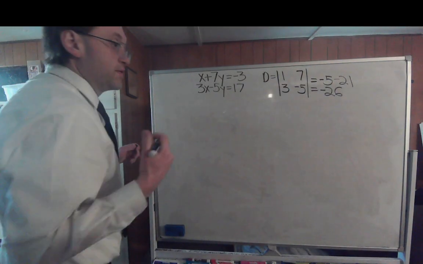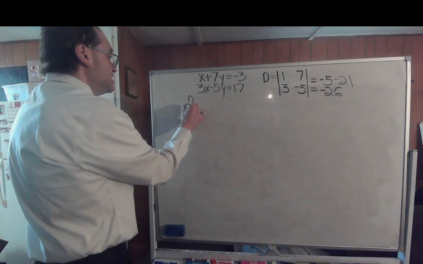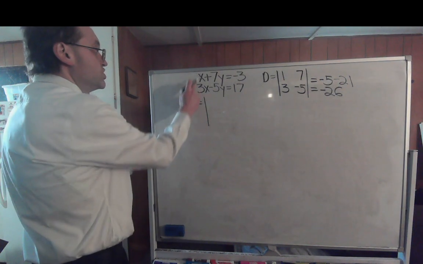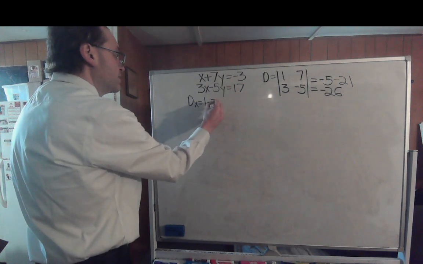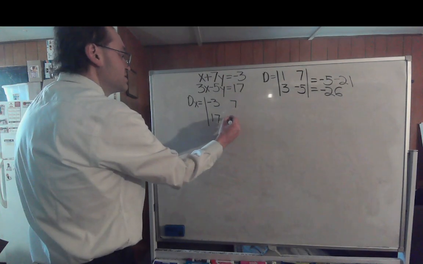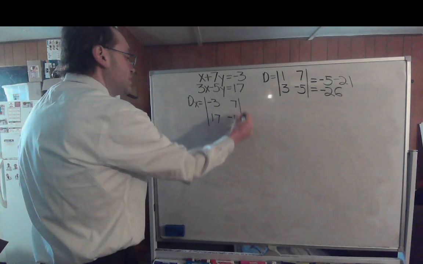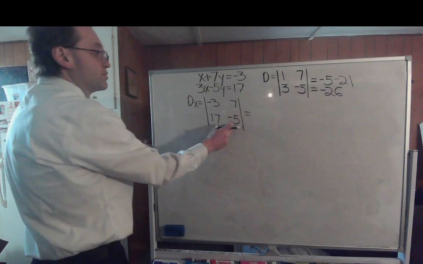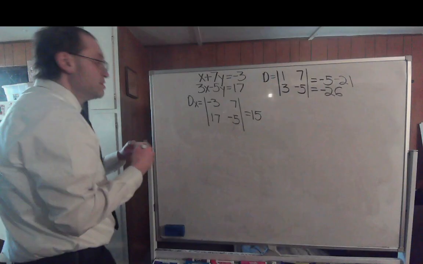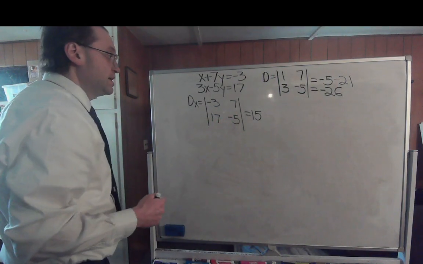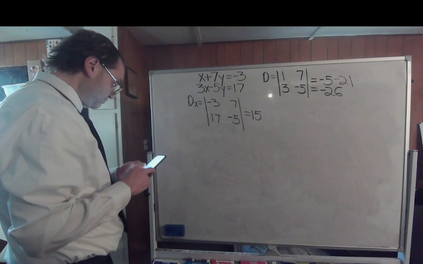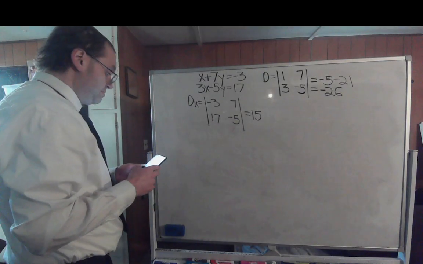Now in order to solve for x, we first need to find d sub x. So you're going to take your x coefficients, replace them with the -3 and 17, but keep your y coefficients the same, the 7 and the -5. Alright, so -3 times -5 turns out to be positive 15. Minus 7 times 17. Let's figure out what 7 times 17 is. That'd be 119.